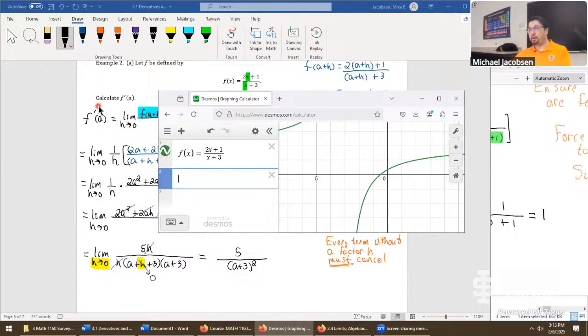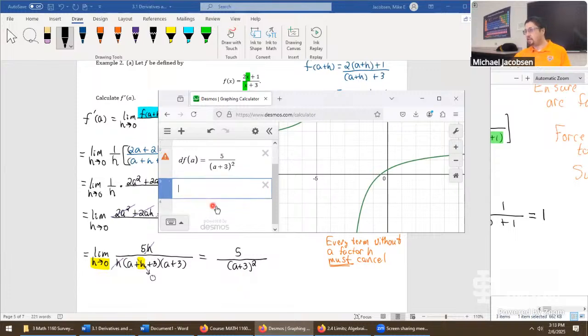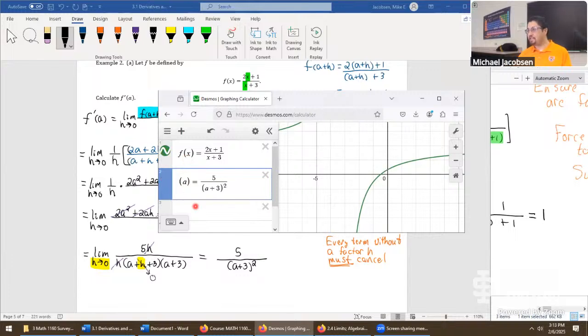I don't have a great way to put a prime inside of this Desmos calculator, so I'm just going to write it as, how about df, for derivative of f at x, equals 5 divided by, well, we use the variable a. Let's match that up, this makes it more compatible looking, (a plus 3) squared. Oh, they really don't like that. Let me just change that to a function, let's say f, totally different function.